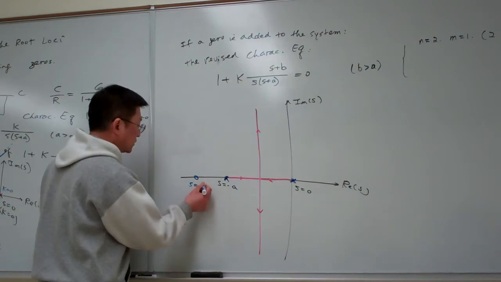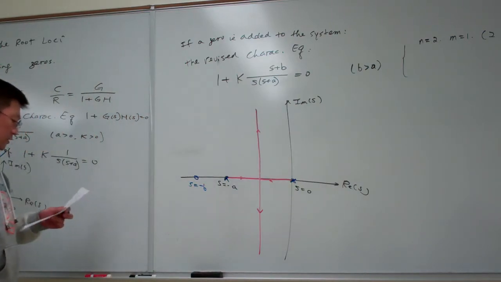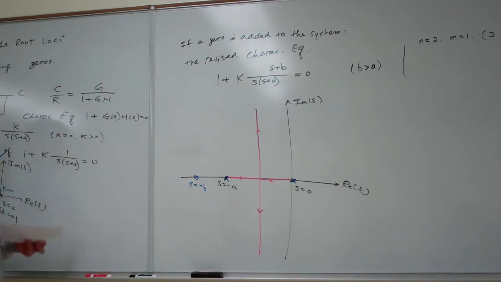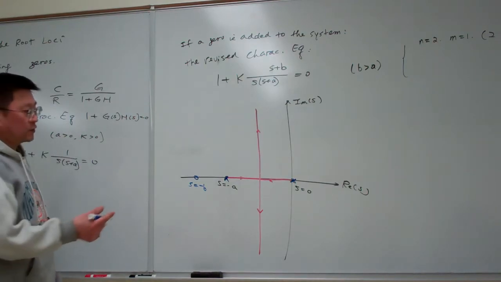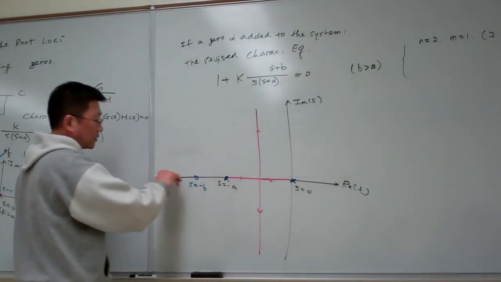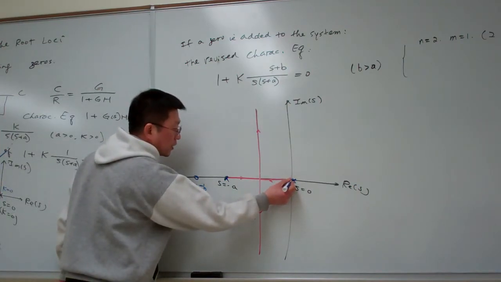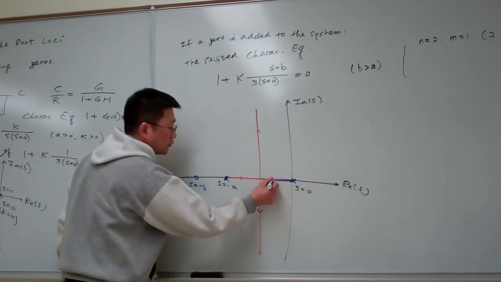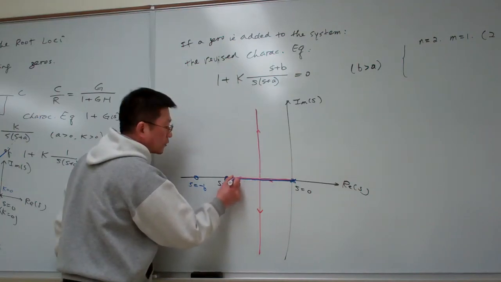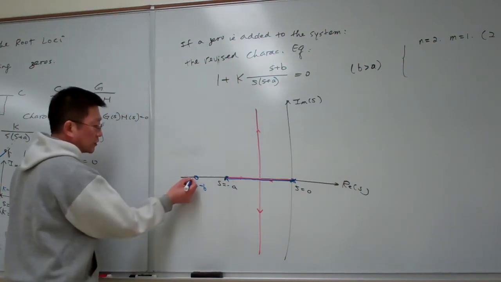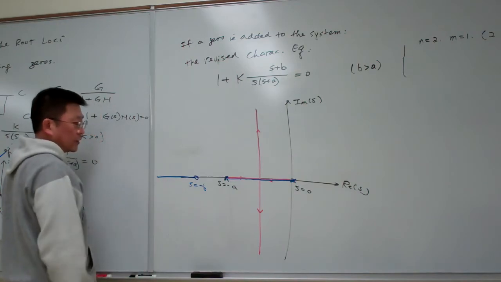s minus b. Now for this case again we have two branches, and the asymptotes are 0 degrees and 180 degrees. The root loci will occupy the real axis in this portion and also in this portion.